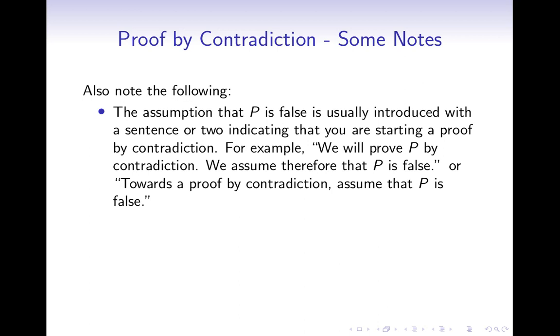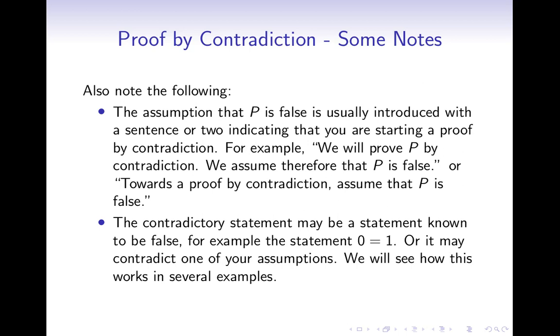So, for example, you could say, we will prove P by contradiction. We assume, therefore, that P is false. Or you could say, toward a proof by contradiction, assume P is false. Some way of alerting your reader to the fact that a proof by contradiction is beginning.